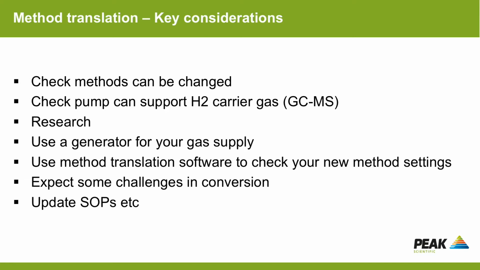First of all, check that the methods you are running can be changed, because there are certain methods that are not compliant if run with a different carrier gas. Also, if you're using GCMS, check your vacuum pump to make sure that it is efficient enough to vent away the hydrogen carrier gas entering the mass spectrometer.